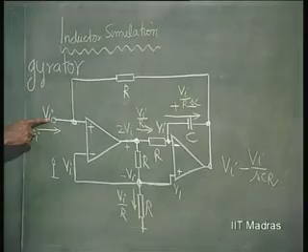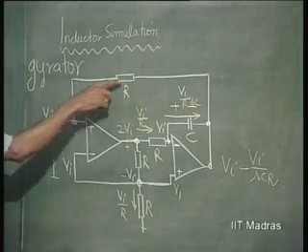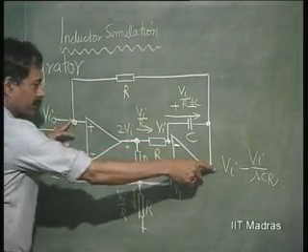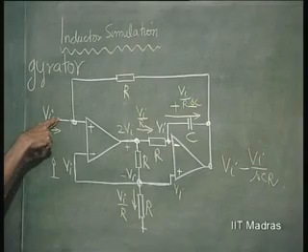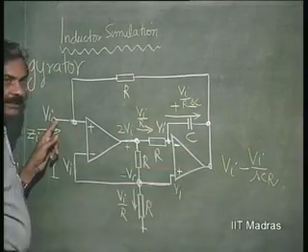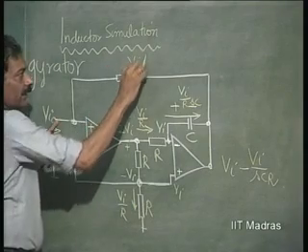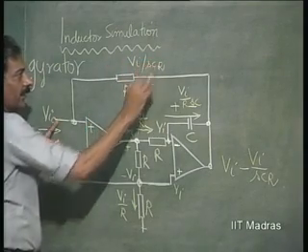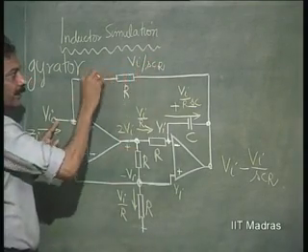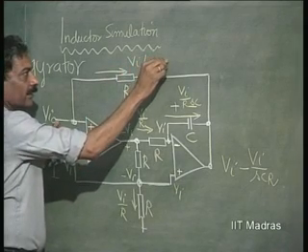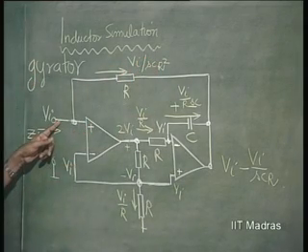I am applying Vi here, this is R. So, the potential across this is this Vi minus this Vi, those Vi get cancelled, plus Vi by SCR. So, potential across this is Vi by SCR, and the current through this is in this direction, this divided by R.